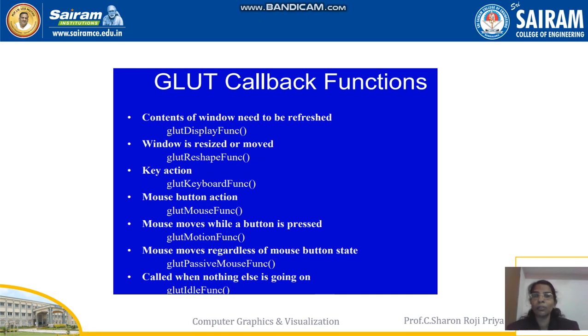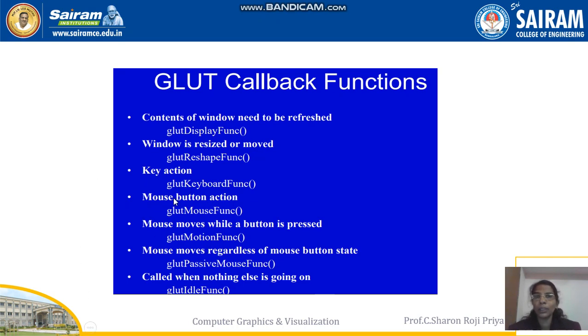Next callback function is glutKeyboardFunc. This callback function will be called whenever there is a keyboard event. Whenever I press a key on my keyboard, a keyboard event happens and the corresponding callback function will be called.